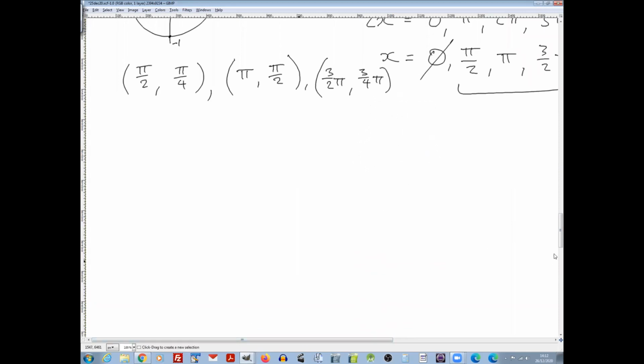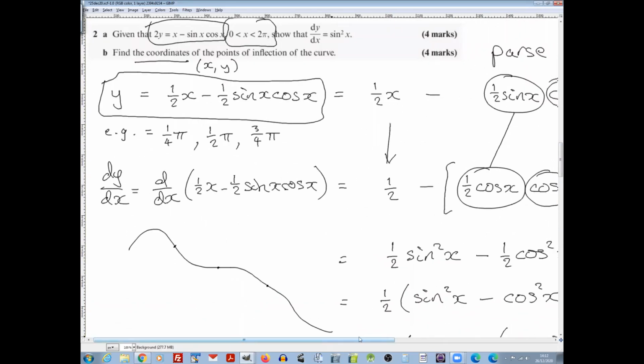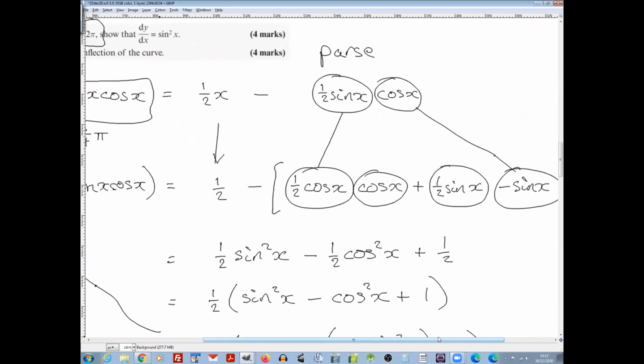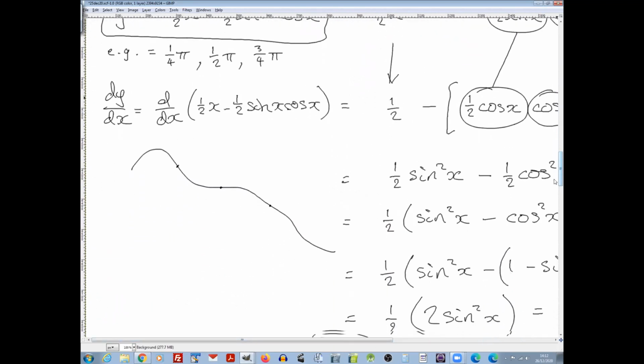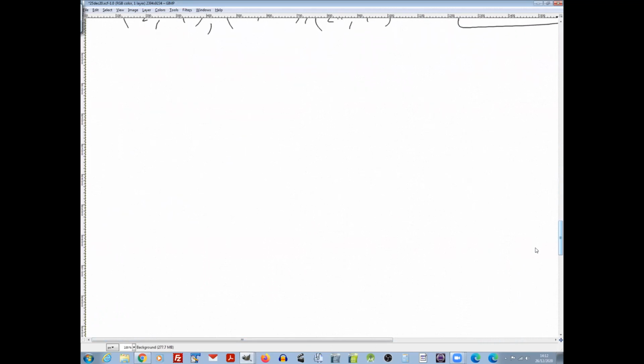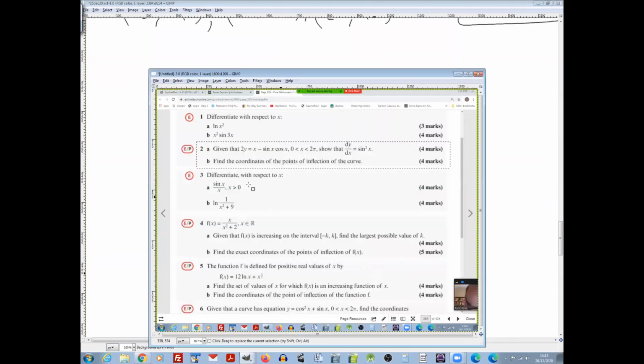So what happened there? A product rule was necessary for differentiating, basically. Because what we're trying to do is get practice at differentiating, so you can get the integrating. Right, number 3.